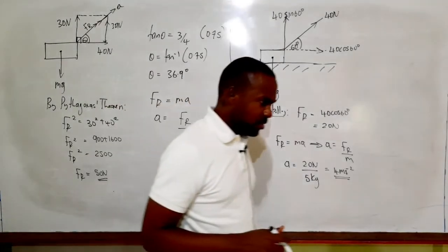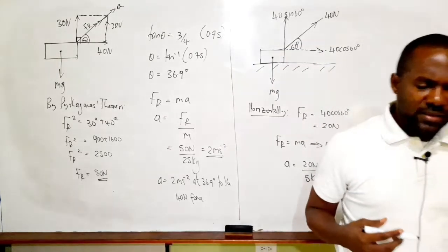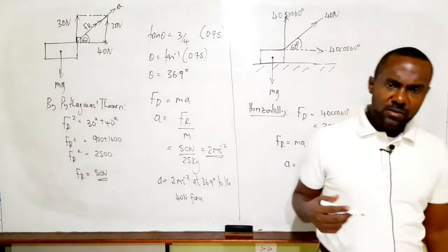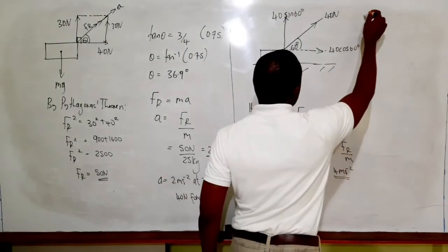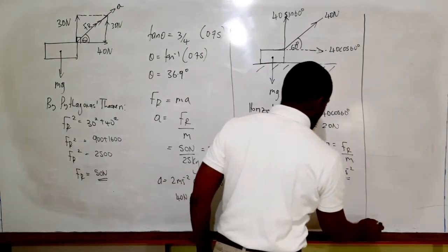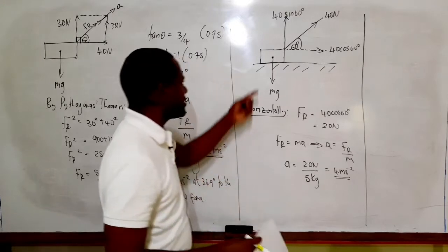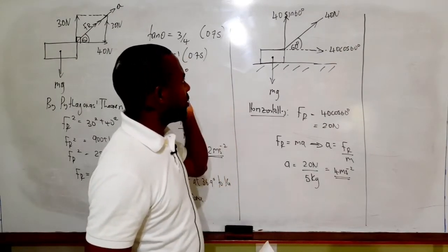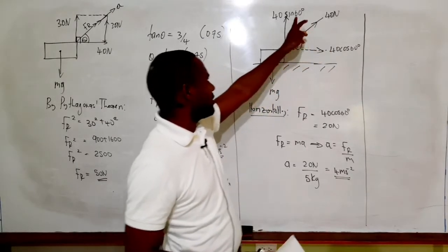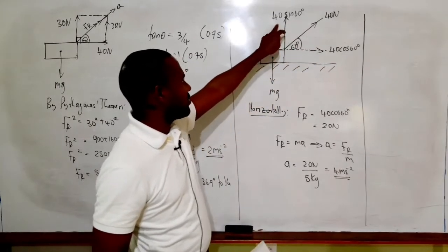Now, to find the force the body exerts on the ground, we'd have to consider what is happening in the vertical direction. Now let's examine the vertical forces. So we have the vertical force, the weight, mg, and of course we also have a component of the 40 Newton force acting vertically upwards of magnitude 40 sine 60.